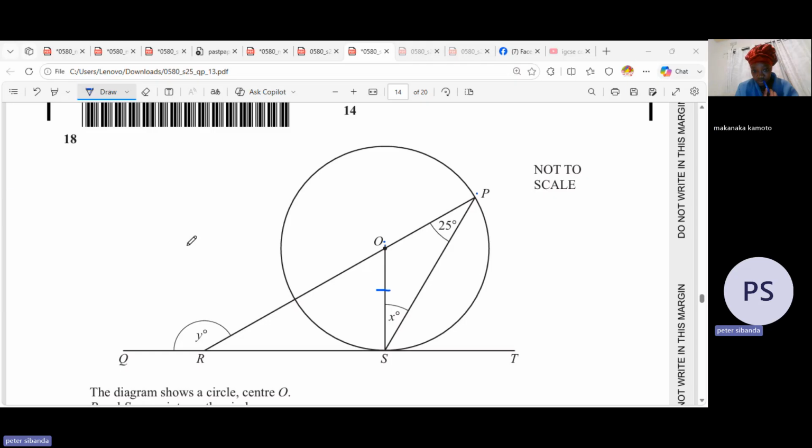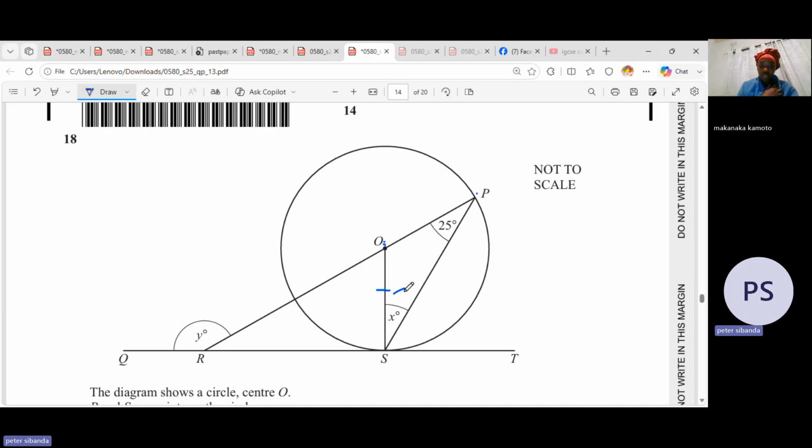All right. So what does that mean about triangle OPS? It's an isosceles triangle. Yes. So how does that help you to find x? If it's an isosceles, then x is 25.